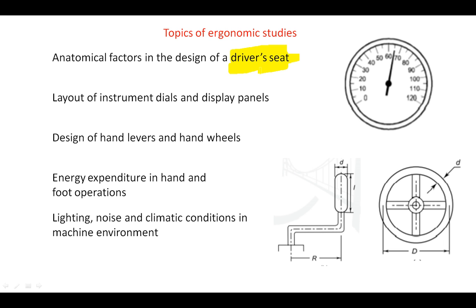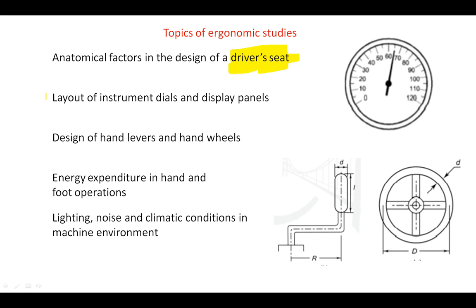By corrective action I mean he can turn the vehicle if required, he can press the brake, he can shift the gear. So these are all the controls. Correct positioning of these controls is an ergonomic study. Okay, design of driver seat, this is the first example.